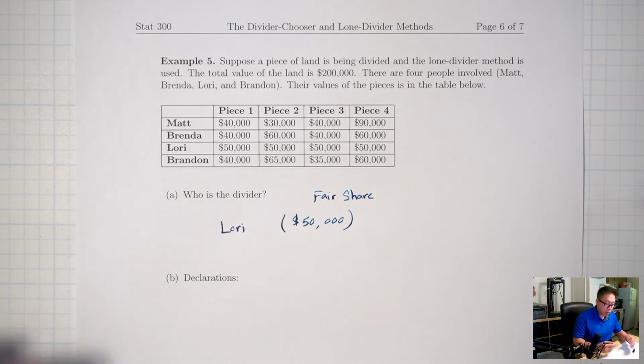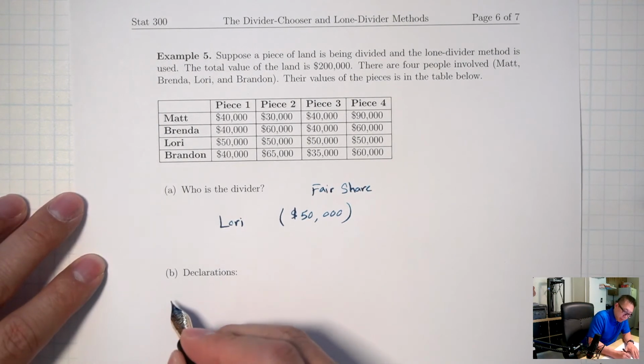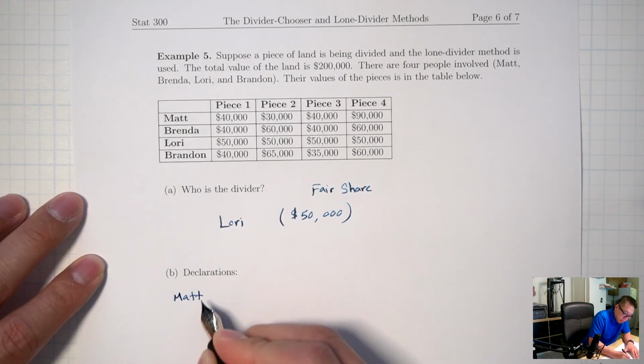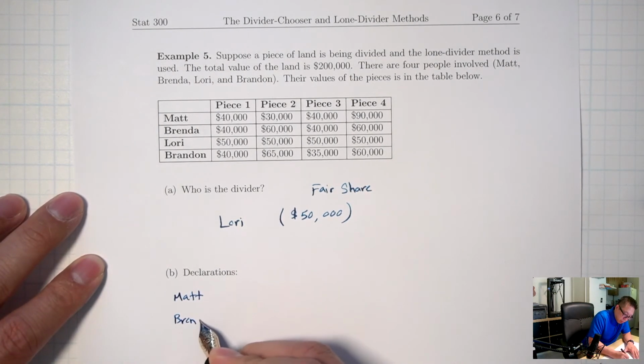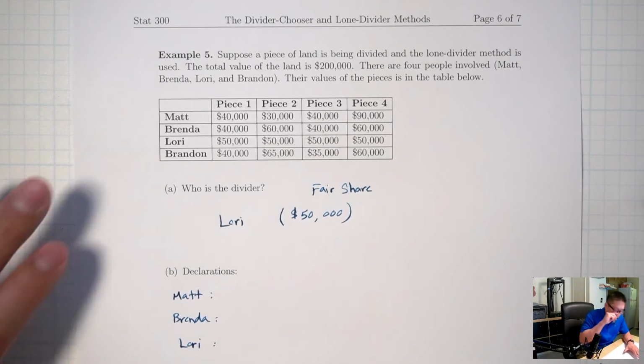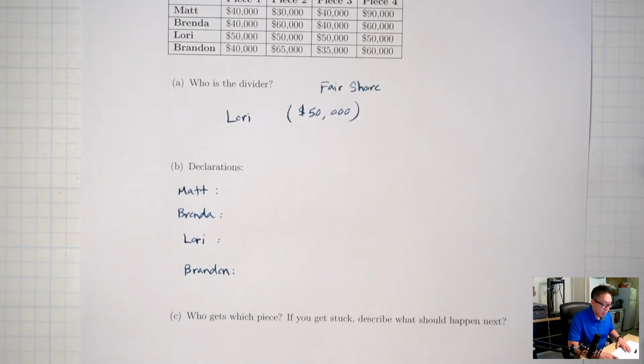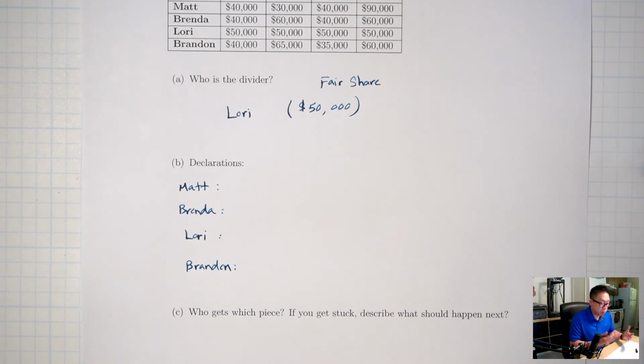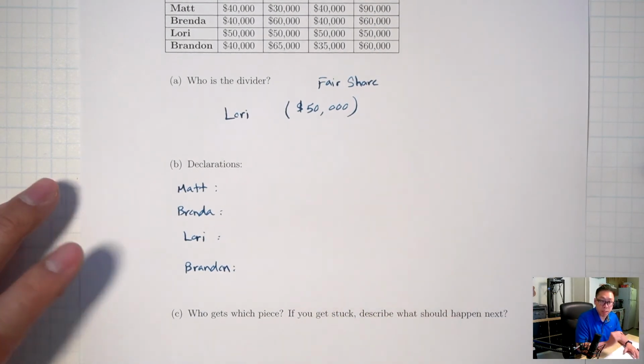Okay. Now, declarations for each person. What this means is we're going to go through and list out which pieces each person would accept.